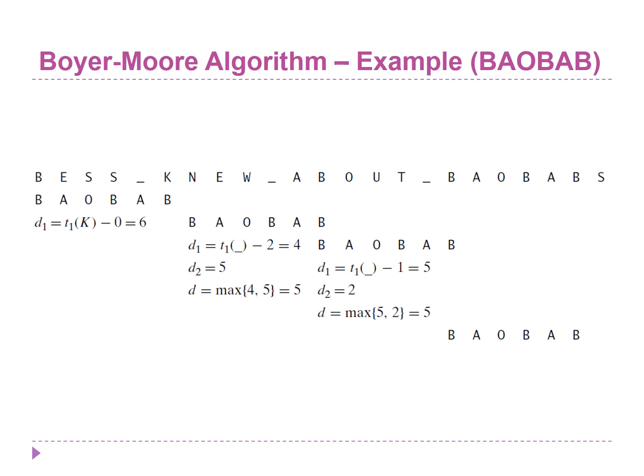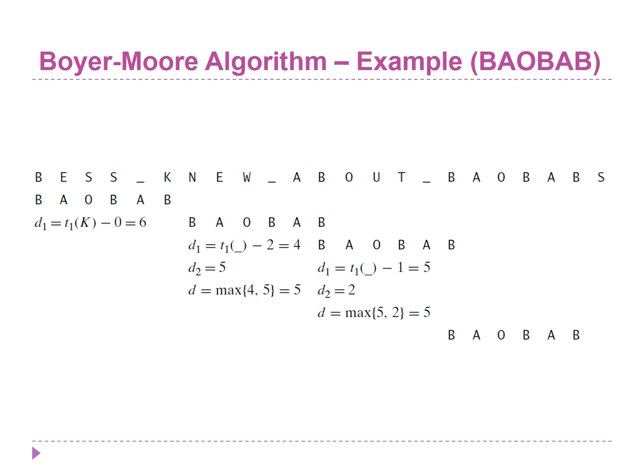Hence, the shift is equal to d1, which is calculated as t1 of K minus 0, which equals 6, and BAOBAB is shifted 6 positions to the right.